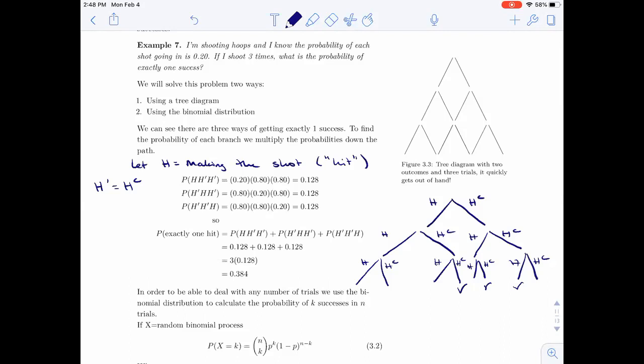Probability is 0.384. What if I said I shot it 10 times? Now you need 10 layers. 1, 2, 3, 4, 5, 6, 7, 8, 9, 10. Yikes. Okay. So the binomial is going to be what helps us handle something like that, where we just can't do a tree diagram anymore.